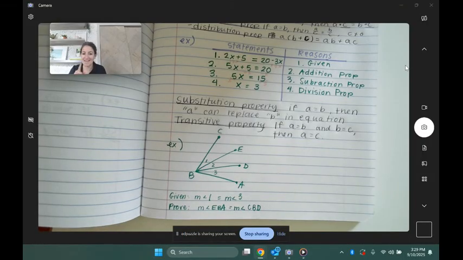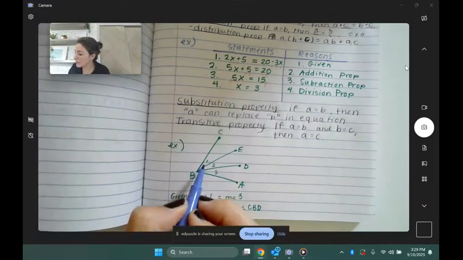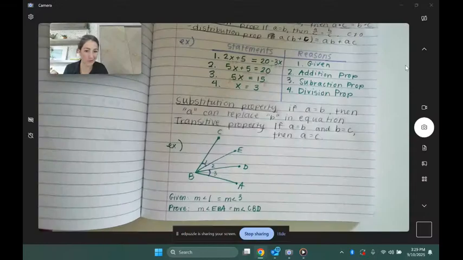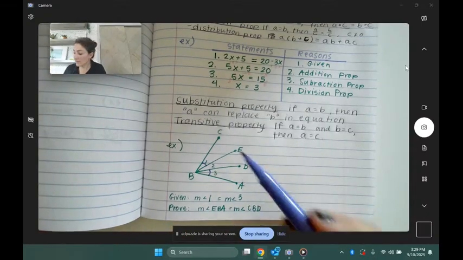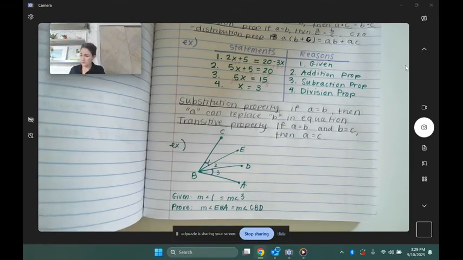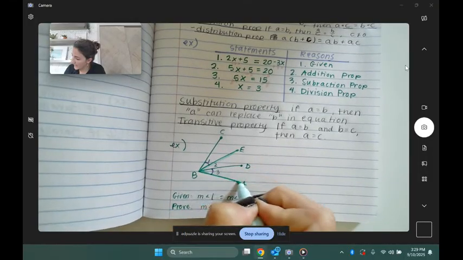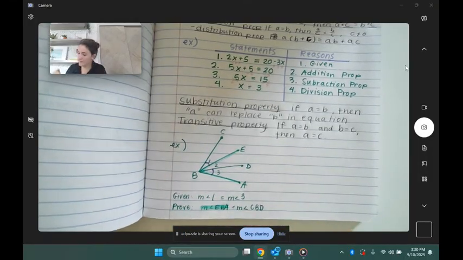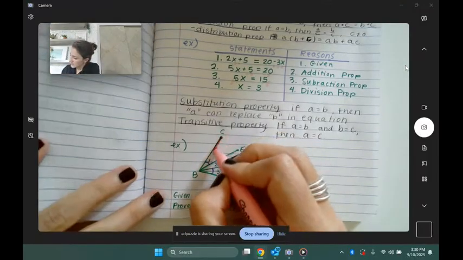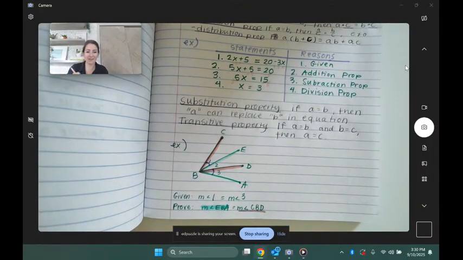Okay. So the measure of angle 1 is equal to angle 3, given that that is true. I don't really know anything about angle number 2, but given that this is equal to this, prove that angle EBA is equal to CBD.